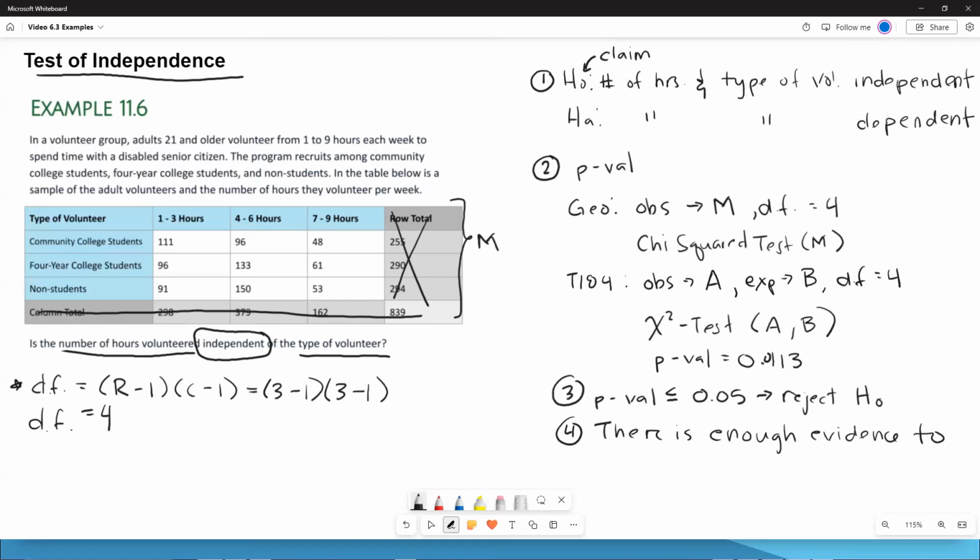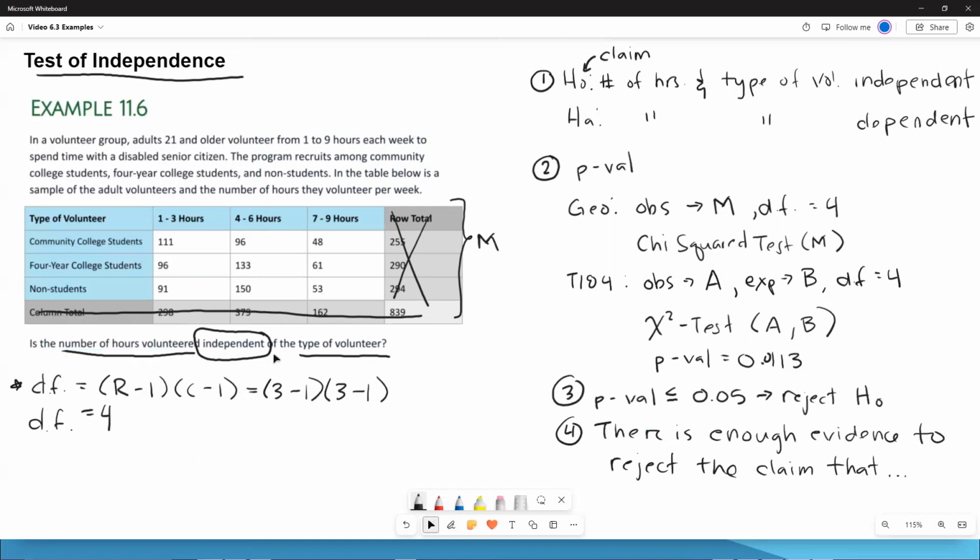And then looking back at step 1, the null was the claim. So there is enough evidence to reject the claim that the number of hours volunteered is independent of the type of volunteer.